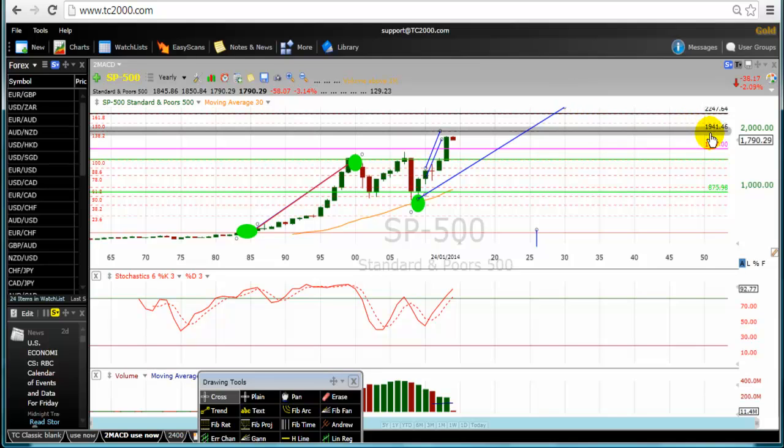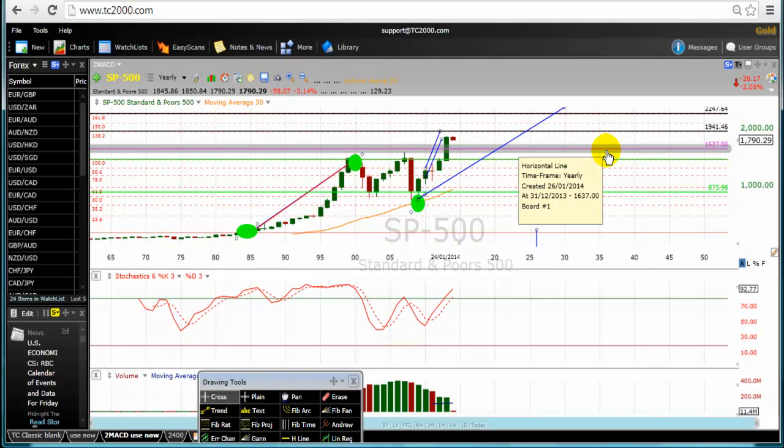All right? For the S&P 500, to summarize this discussion, there are key levels that we need to watch. The first one is 1941, the horizontal line here. If the price stays below the next key level at 1849, as it is now, we will give priority to sell signal, but we must watch the median line at 1637.